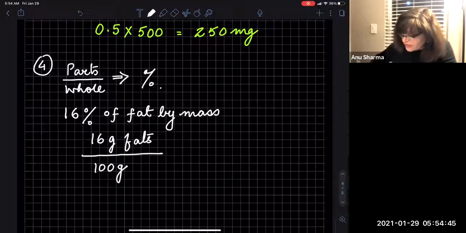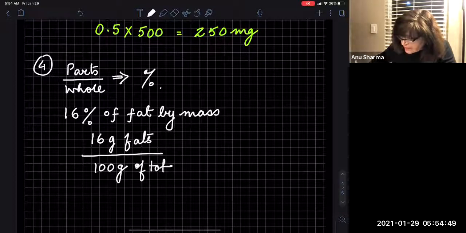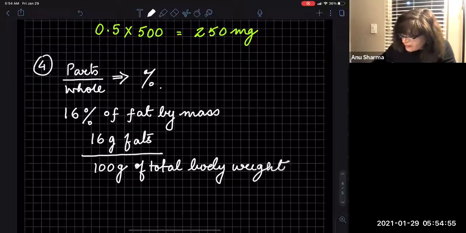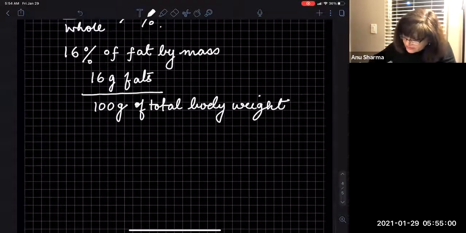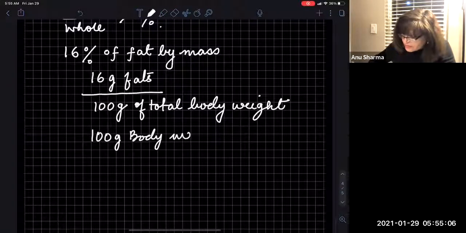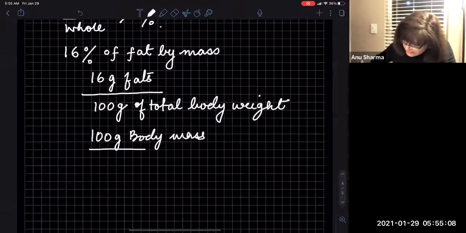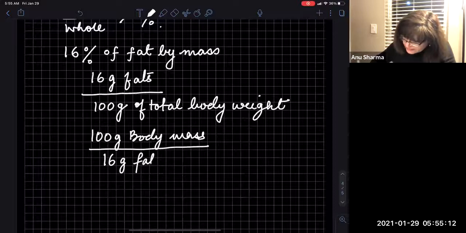This is what it means. 100 grams of total body weight, okay, so that's the total mass. And again, you can flip it. So 100 grams is the total body mass, and over it, 16 grams of fat is present.